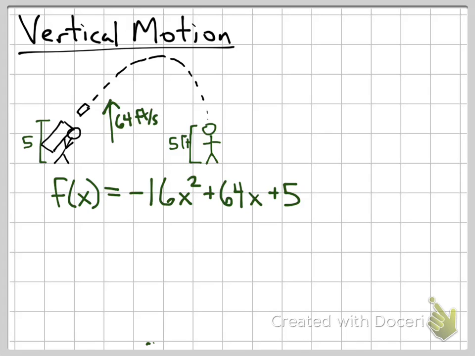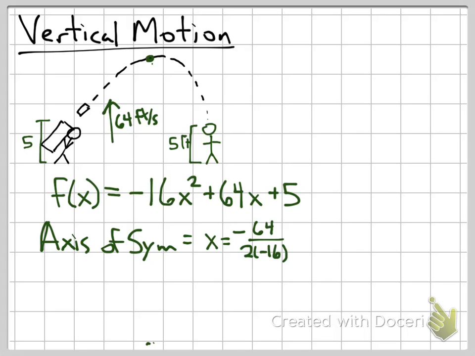Now, if we wanted to first figure out when it reaches its maximum height, we're looking for its vertex. So to find the vertex, we're going to start with the axis of symmetry. The axis of symmetry here is going to be x equals negative 64 over 2 times negative 16.